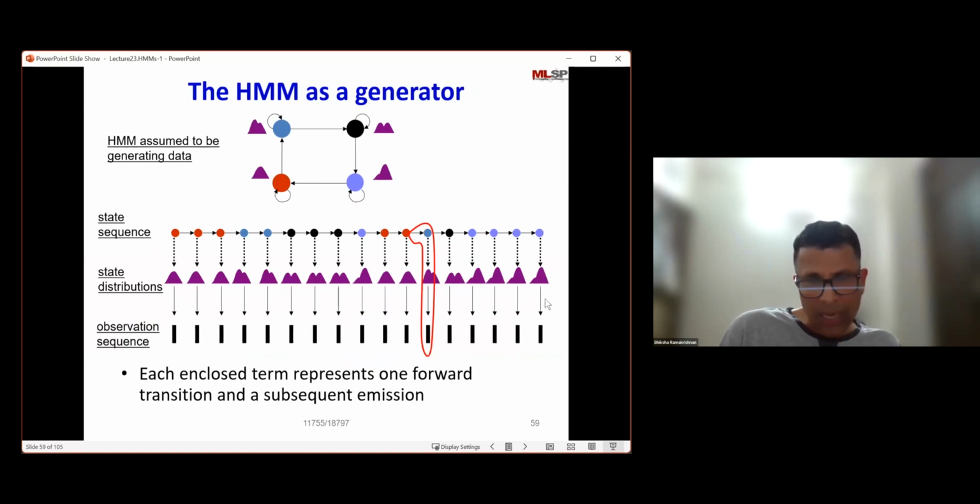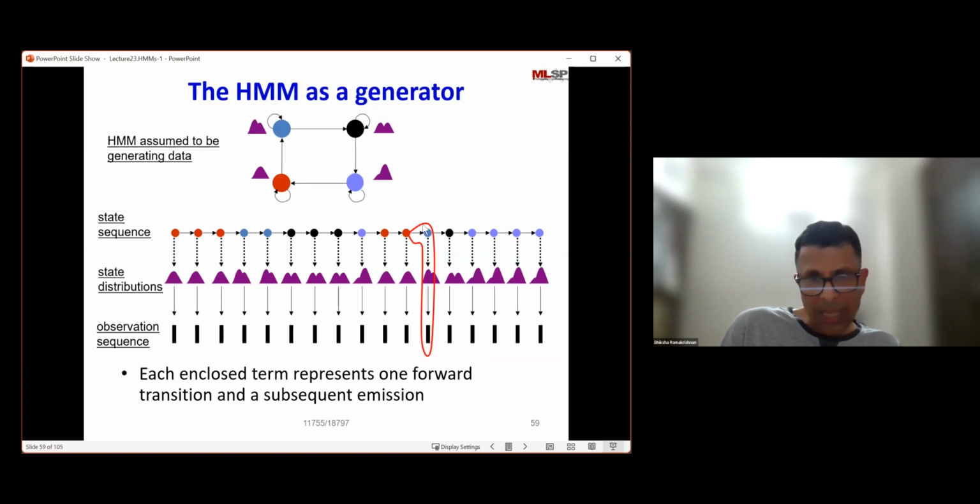So we are trying to find the state sequence for which the overall probability of this process is maximized. And we can decompose this into the product of the probabilities of individual columns, except that we have to consider every arrow in this figure.